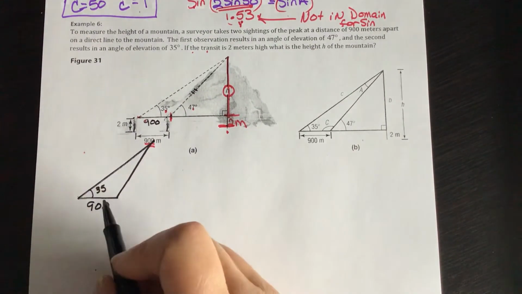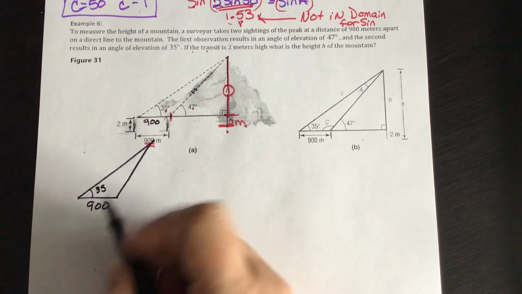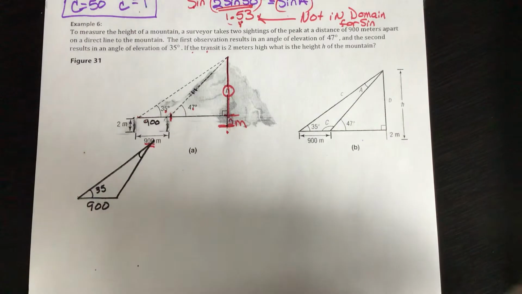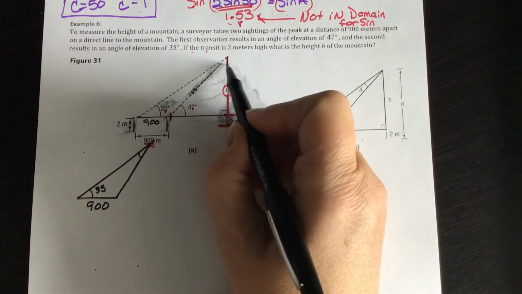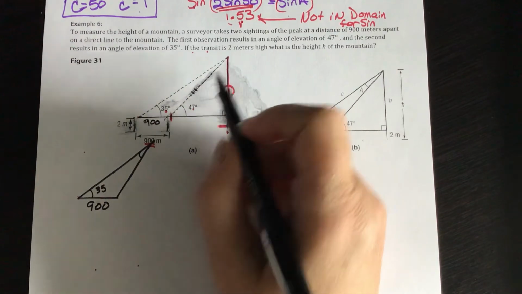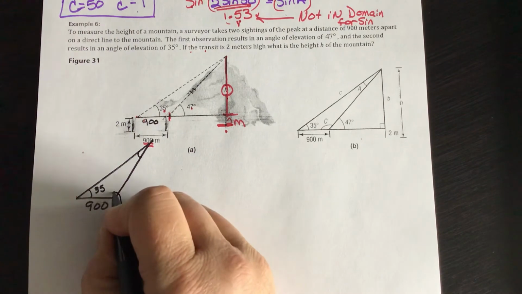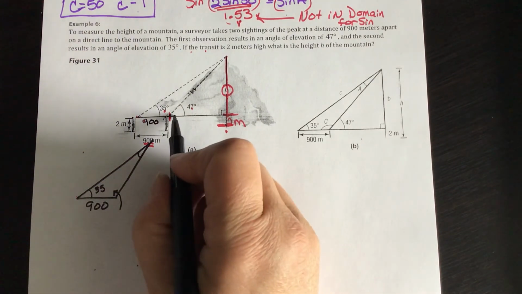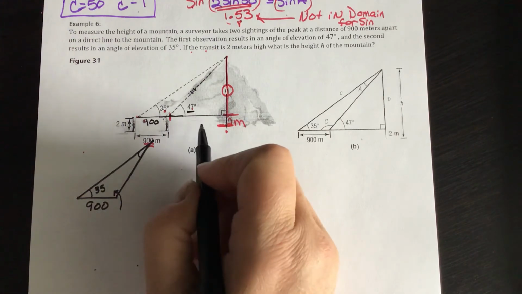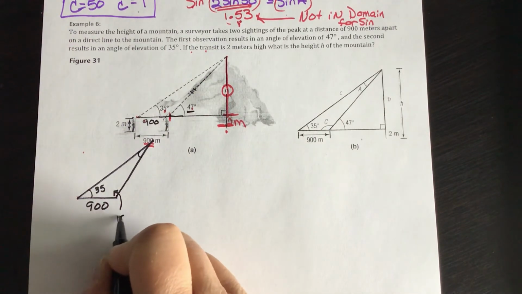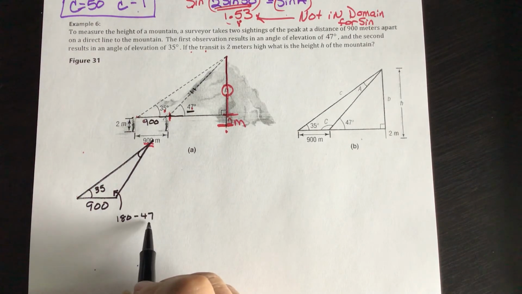If I want to use 900 with my law of sines, I need to know this angle. There's nothing up here that can help me get this angle, but I can find this angle. This angle inside here is going to be the supplement of 47. So this is going to be 180 minus 47, and that would be 133.